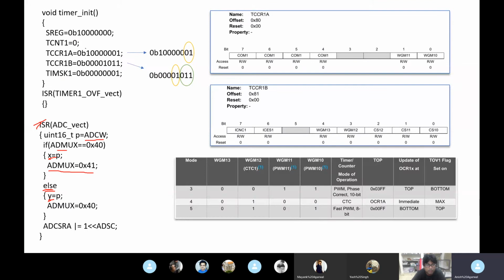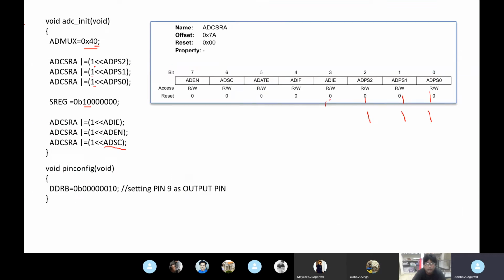If it's channel 0, it is going there and it is converting. After doing the conversion, you have defined P as the ADC word. So once it is returning the value in X and converting the ADMAX value, then it is going to be... oh, okay, fine.